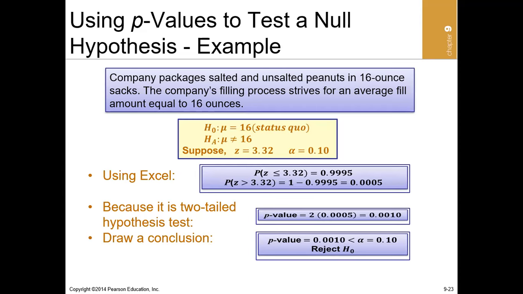A company packages salted and unsalted peanuts in 16-ounce sacks. The company's filling process strives for an average fill amount equal to 16 ounces. So here, the status quo or the standard is that the average should be equal to 16.